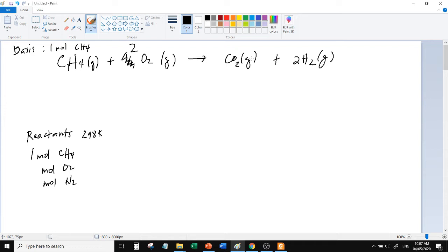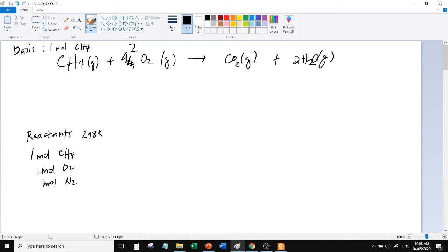So, this is the balanced equation for the complete combustion of methane. Balanced na. And this is water. I wrote a different problem earlier. So, CH4, 2O2, CO2, and water.